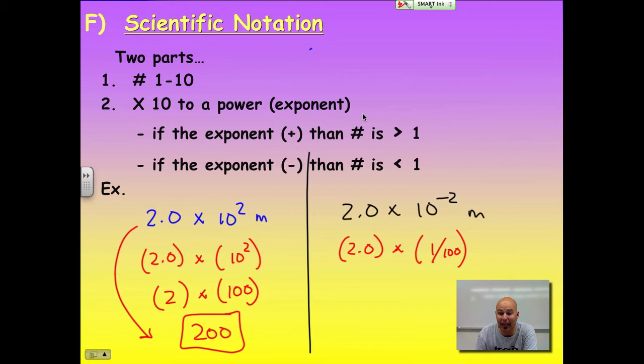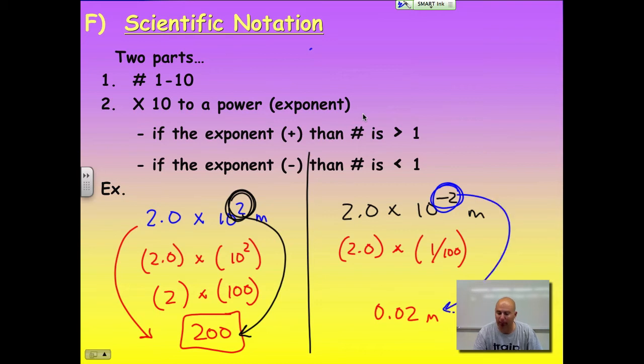So 2 times 100th is 0.02. Okay, it's 200ths of a meter, let's say. So notice that the exponent here, when it's positive, the number is greater than 1, and when it's negative, the number is less than 1. Okay, that's your math problem.